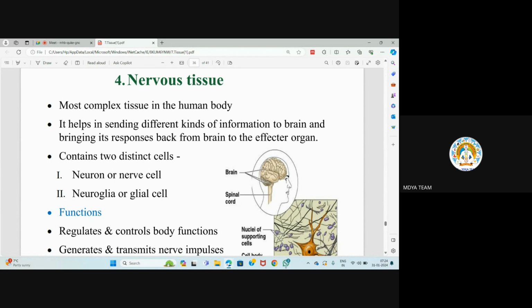The central nervous system, the brain or spinal cord, is sending the motor signal, and you will take action regarding that.